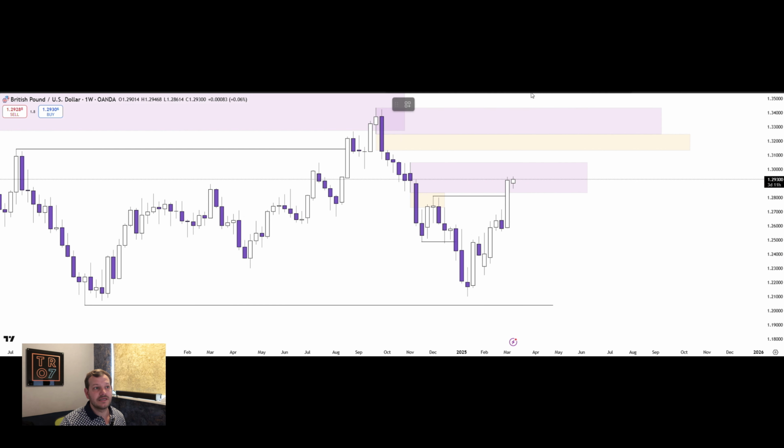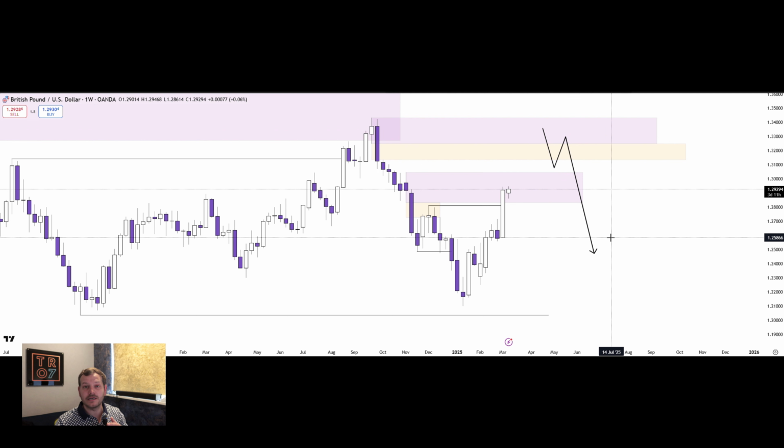So there is possibility, if the lower time frame allows us, for us to start making lower prices, or you get that scenario up here. It could still break through it, but there will be some sort of a reaction from these areas.